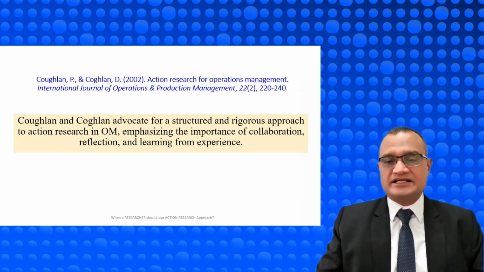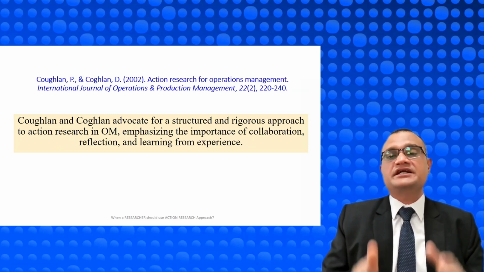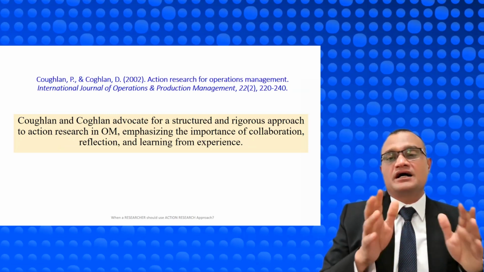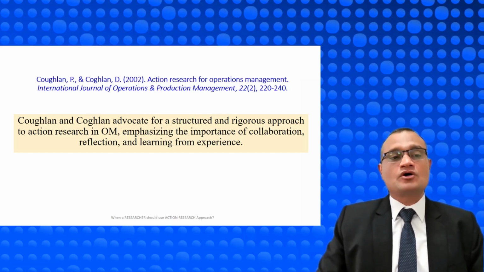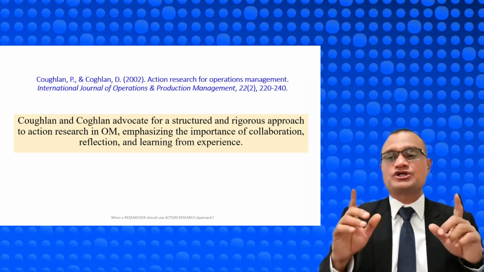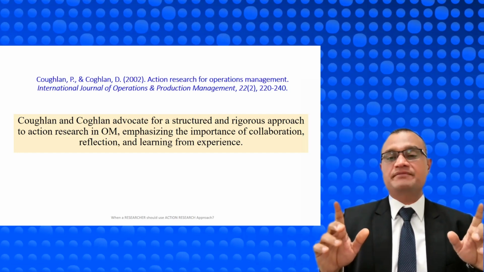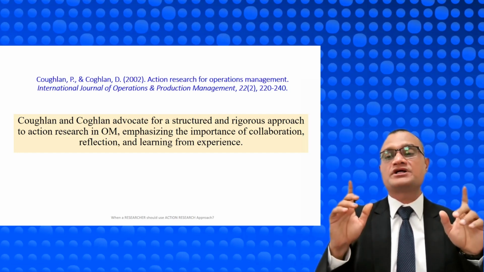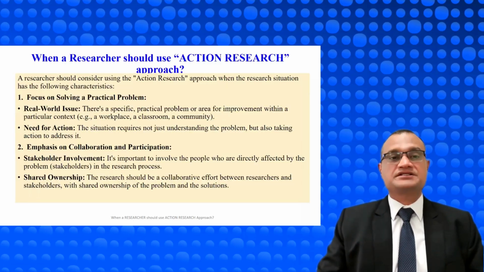When you want to conduct action research, you look at the prerequisites, and under those prerequisites, you execute the process under the considerations of important guidelines. So Coghlan and Coghlan advocate for a structured and rigorous approach to action research in operations management, emphasizing the importance of collaboration, reflection, and learning from the experiences.